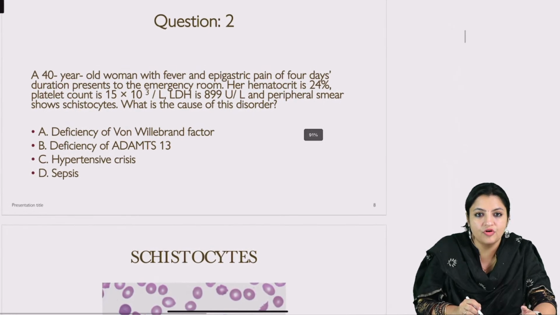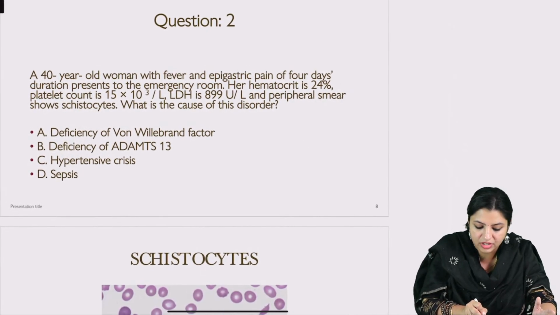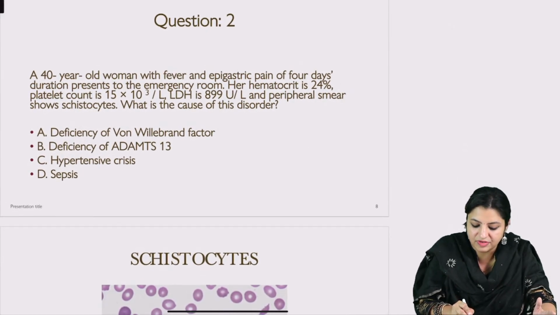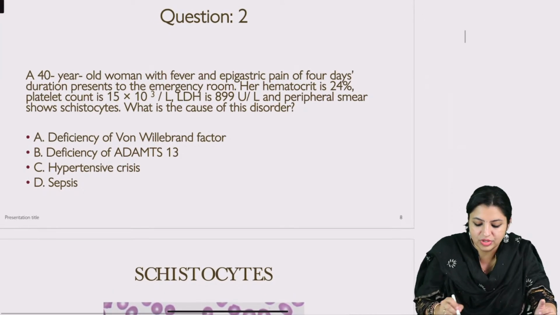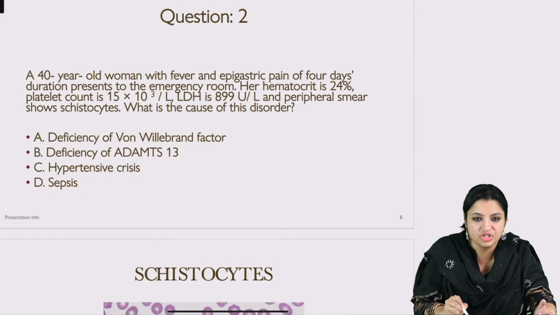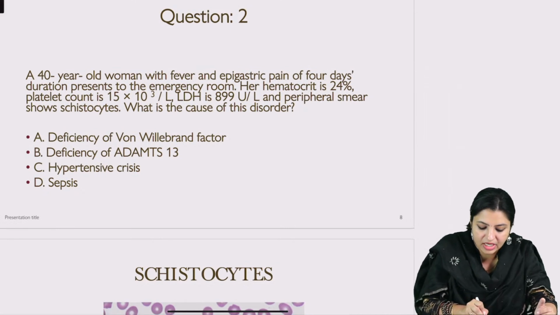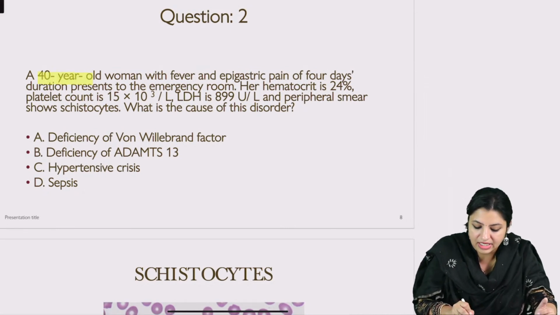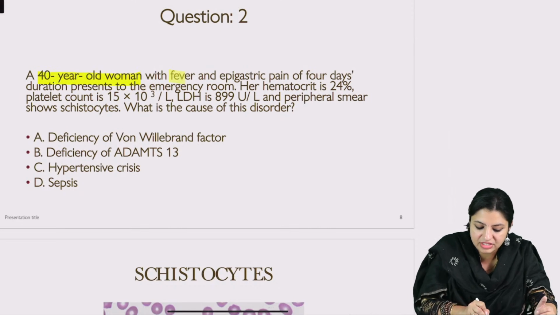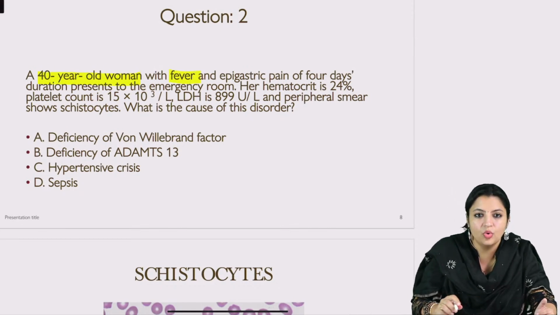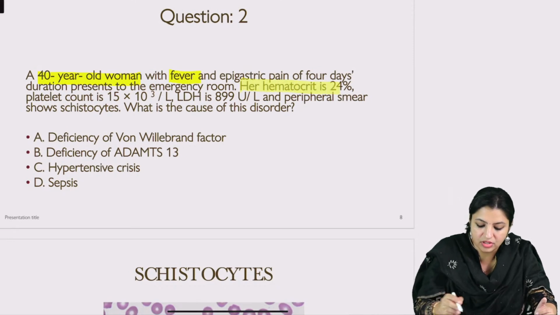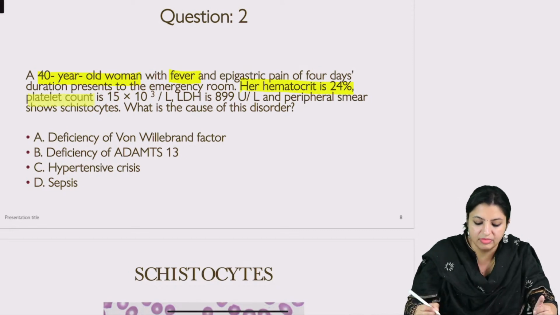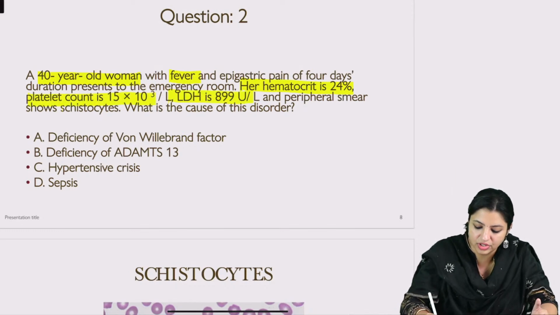This is a 40-year-old female, and she presents with fever and epigastric pain for 4 days, and she presents to the emergency. Her hematocrit is 24, her platelet count is 15,000, her LDH is elevated, peripheral smear shows schistocytes. What is the cause of this disorder? Okay, so if you ever have a doubt, divide the hematocrit by 3, that's your hemoglobin.